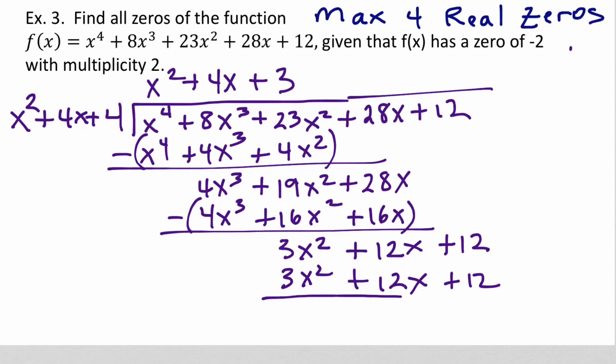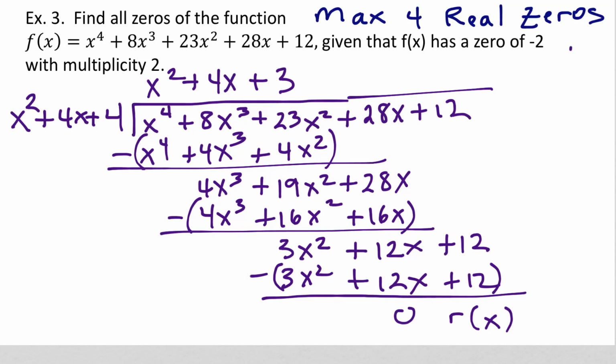If I subtract this here, we're going to get 0. That tells me that this factor divided into this evenly, which is indicated by getting a 0 remainder. So this times this gives me this.